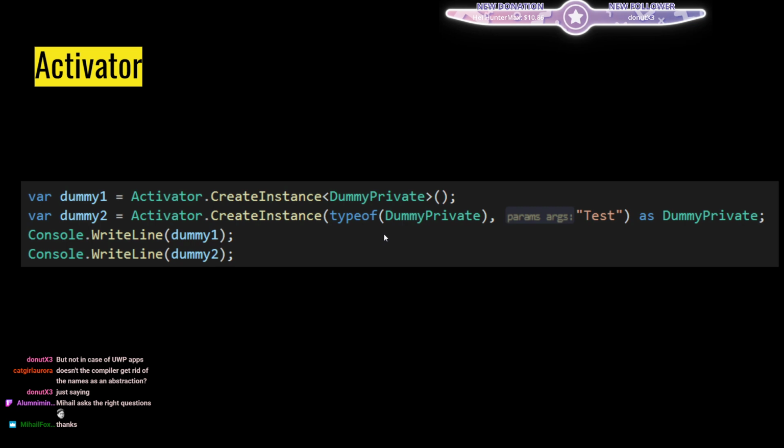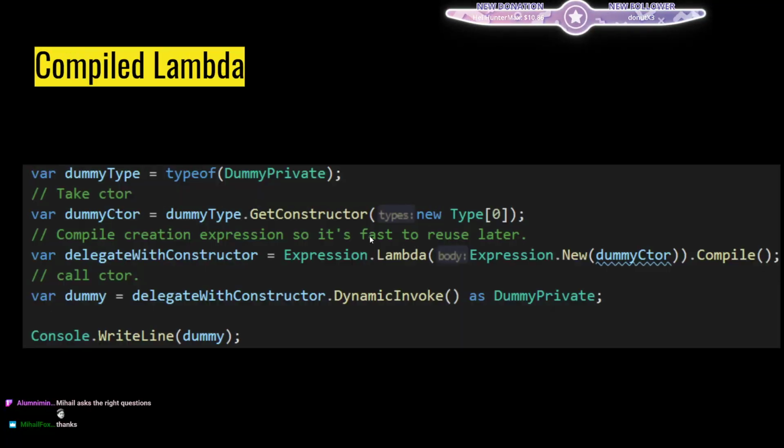If you do want to make it more practical and roughly 10 times faster, you should use something that we already kind of learned, which is Lambda expressions. So in order to quickly create objects using reflection, you should use compiled Lambda expressions. So why do we need expression trees?